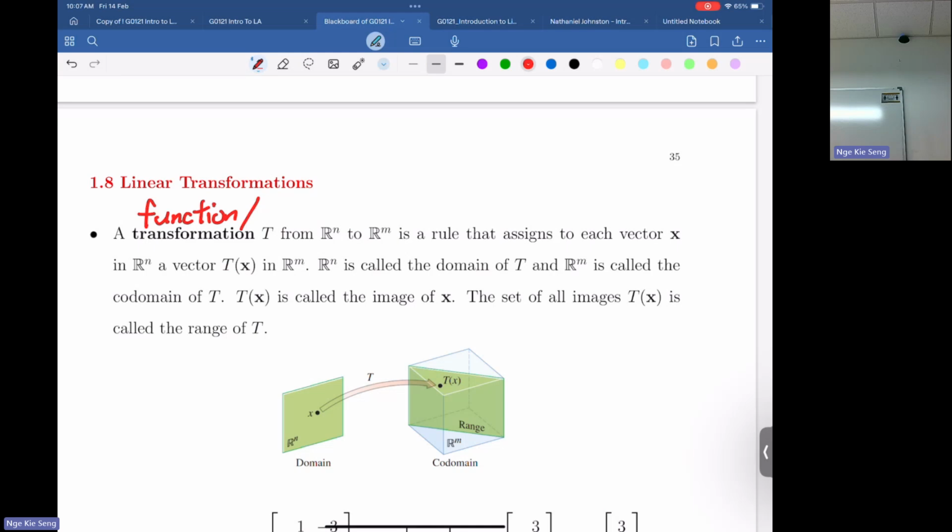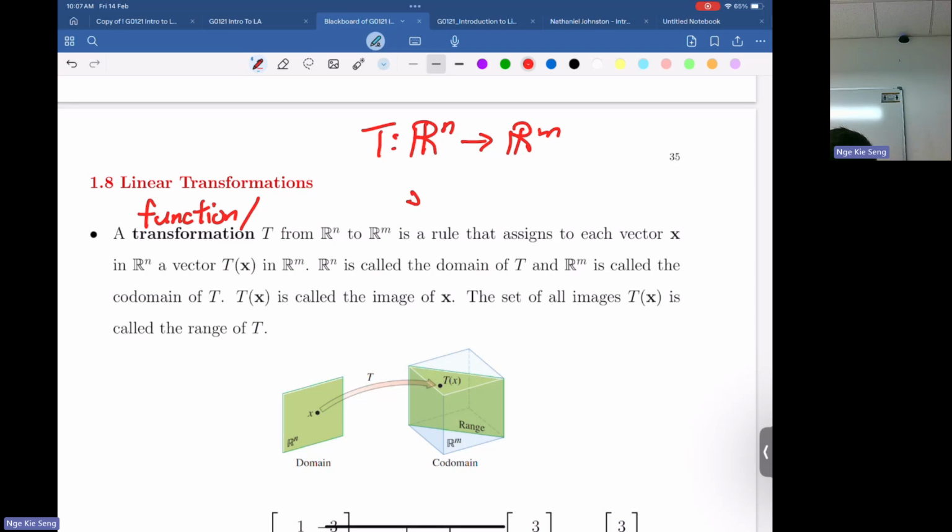So what's a function? Have you learned function before? A function from x to y means I assign each vector in the first Rn another vector called Tx in Rm. So let's write it down. T is a transformation from Rn to Rm.